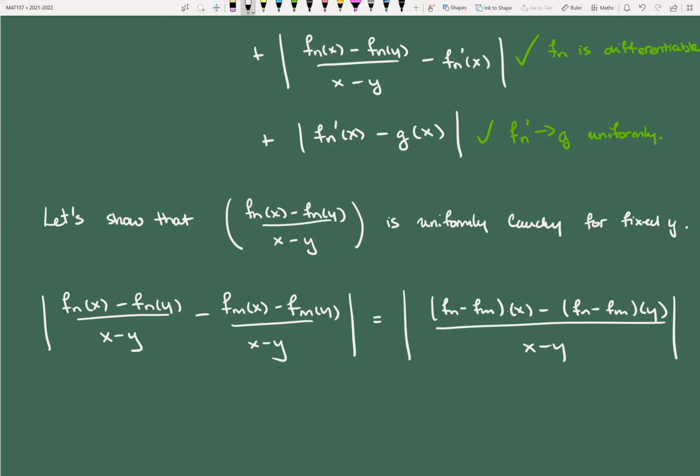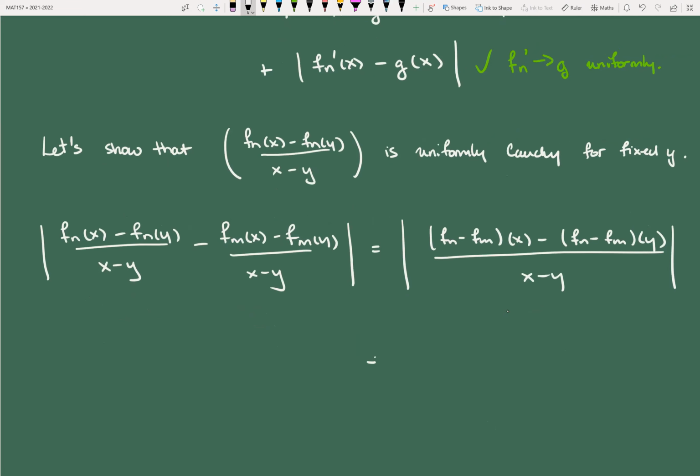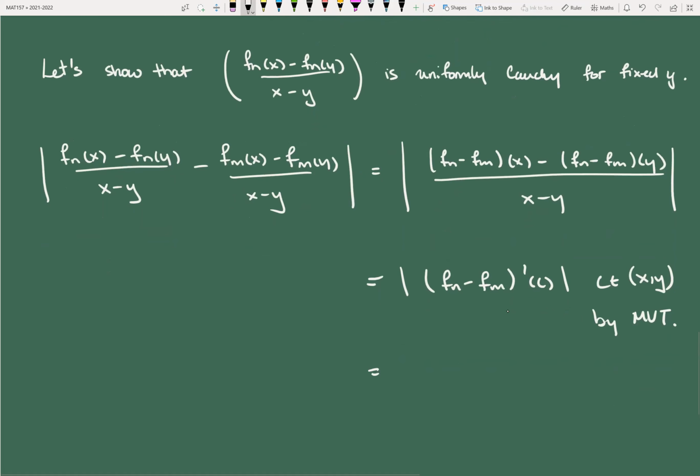So by the mean value theorem, that's equal to f_n prime(c) minus f_m prime(c).